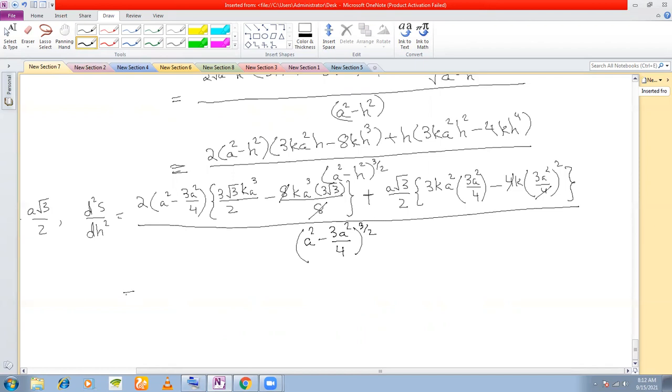Okay. So ultimately what you are going to get here is twice a square by 4 if you take the LCM, and here you are going to get 3 root 3 a cube by 2 minus 3 root 3 k a cube.